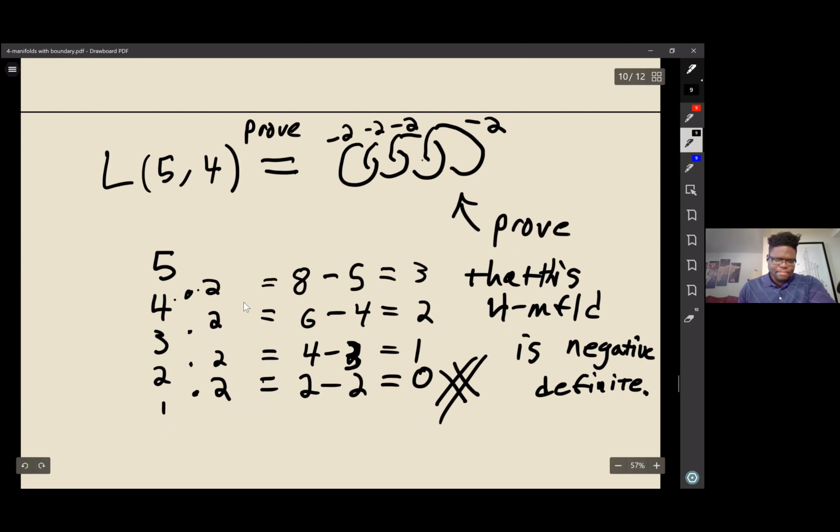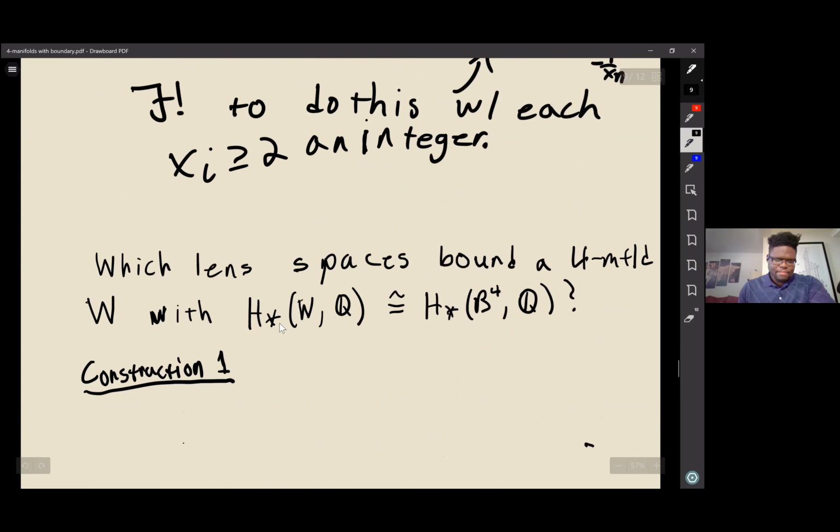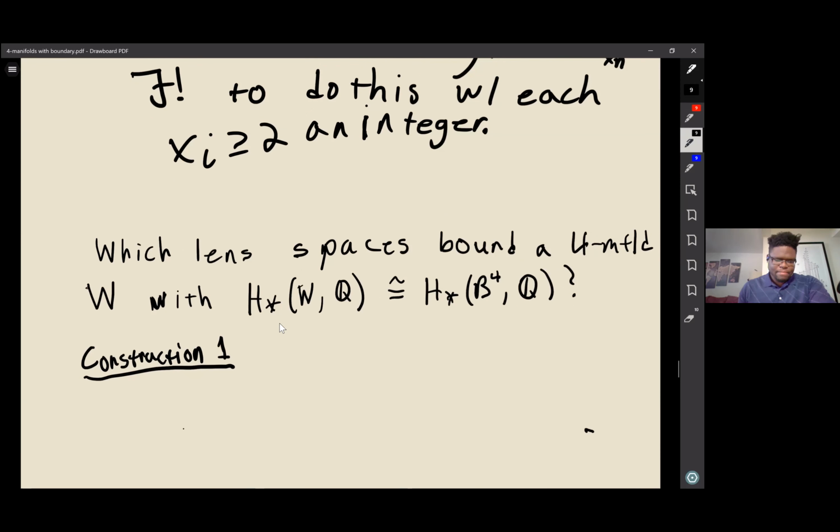Because I also wanted to ask the question: can we determine if a given lens space bounds a rational homology four-ball? That is to say, it's a four-manifold W whose boundary is the lens space, and the homology of W with rational coefficients is the same as the rational homology of a B^4.